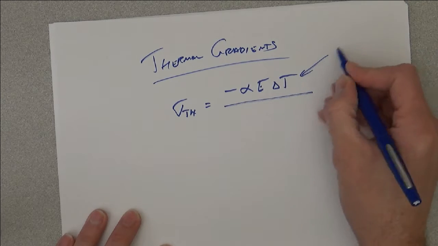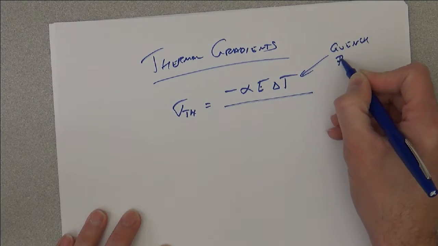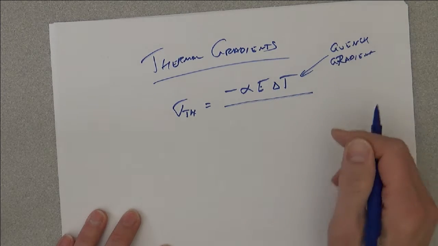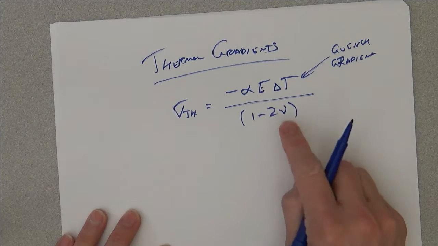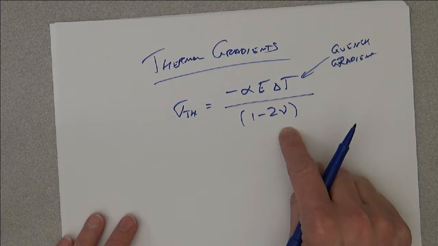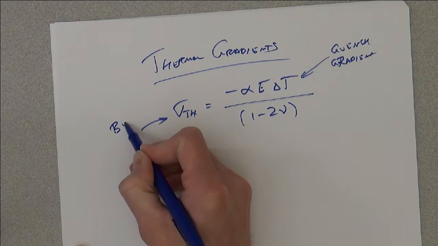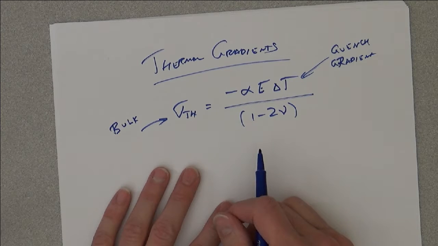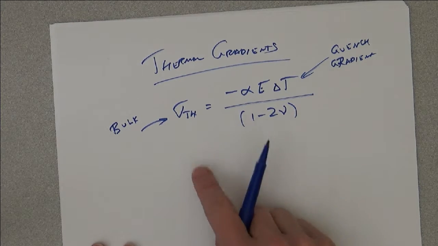So we call this a quench gradient. And 1 minus 2 nu. That's the Poisson ratio. So this is just kind of a bulk thermal stress due to quenching. Certainly there will be geometric effects if you have stress concentrators that will play a role.